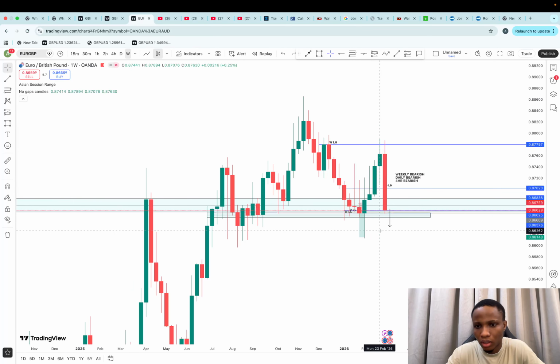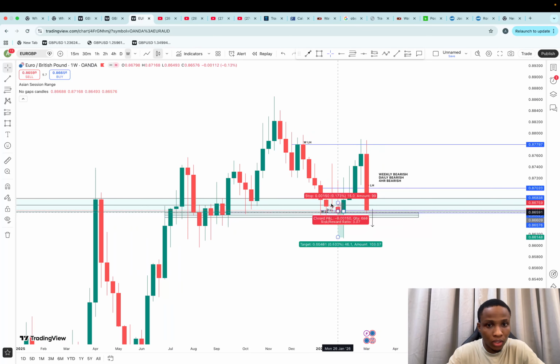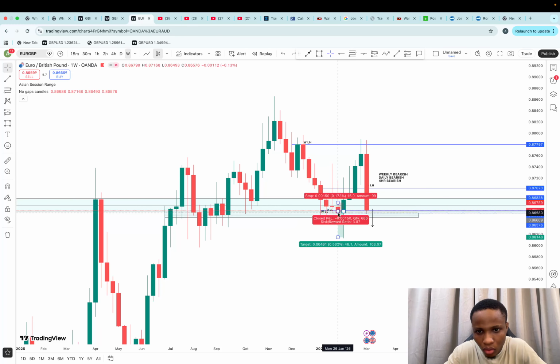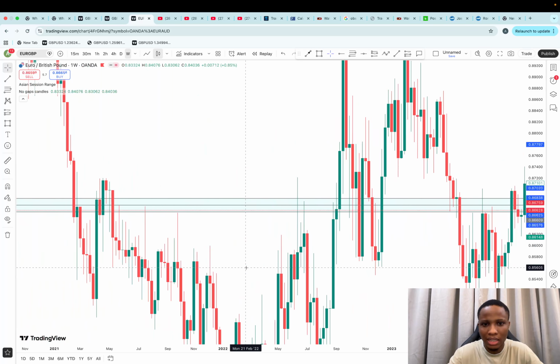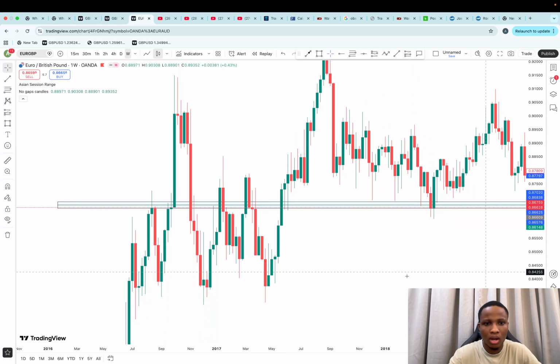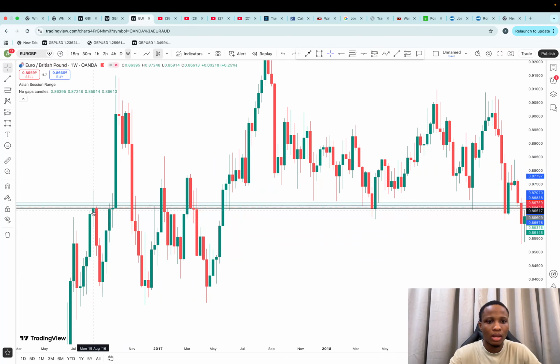Going down, on the weekly we are having a lower low, lower high. Mind you, the market hasn't body closed above this zone or body closed below this current lower low. So we are still bearish on the weekly, and on the weekly we are at a very clean support and resistance zone. Whenever we are below, we are selling.